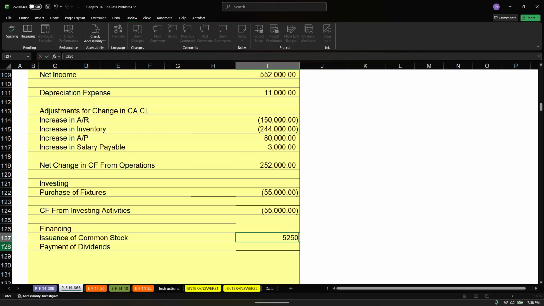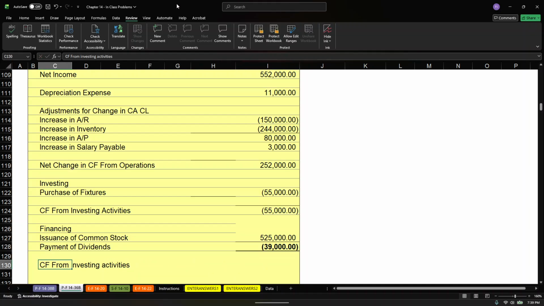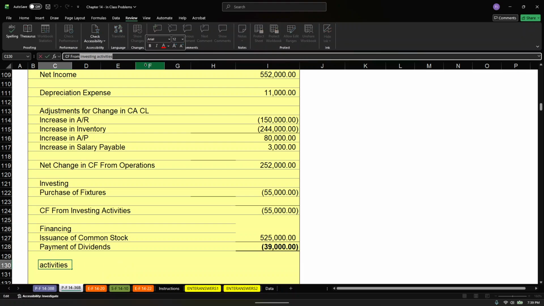Positive, right? We raised money. We brought in cash by selling stock. And this, of course, was negative. We're paying cash out to shareholders. So this is cash flow from financing activities.